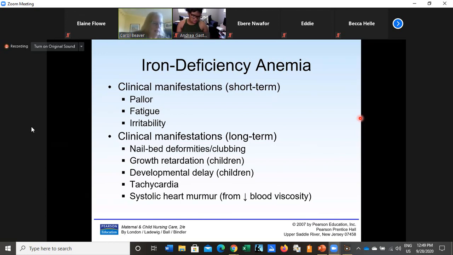And so it is the most common anemia throughout the world, especially in women and older adults and people that don't have good diets. And all except growth retardation and developmental delay can apply to adults also.